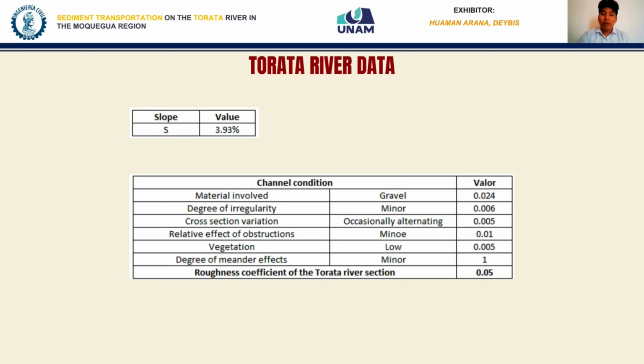The material involved roughness coefficient of the Torata River section is 0.024, degree of irregularity is 0.006, cross-section variation is 0.005, relative effect of obstruction is 0.01, vegetation is 0.005, degree of meander effects is 1. Then the roughness coefficient of the Torata River section is 0.05.